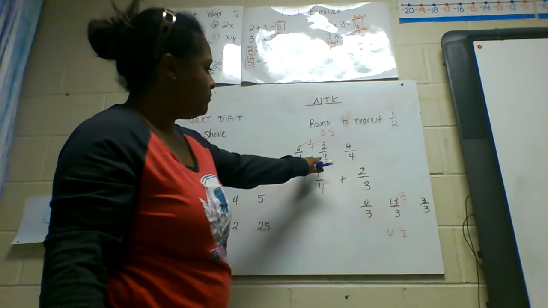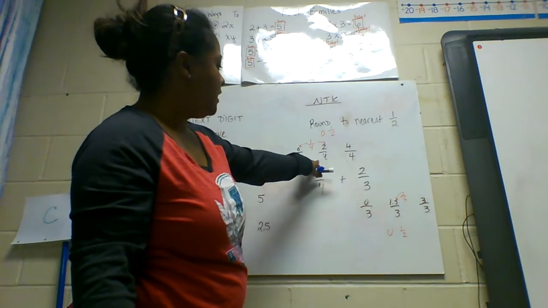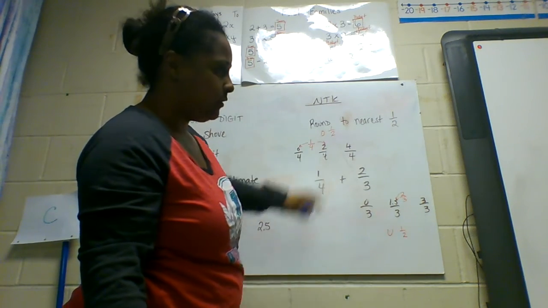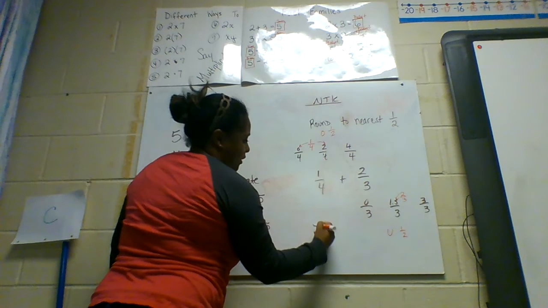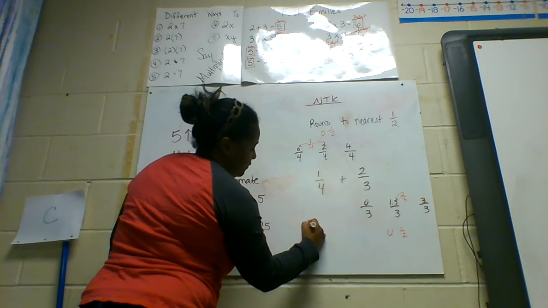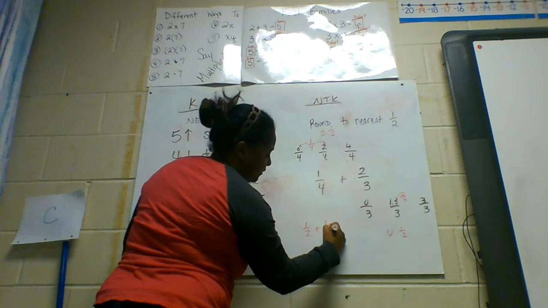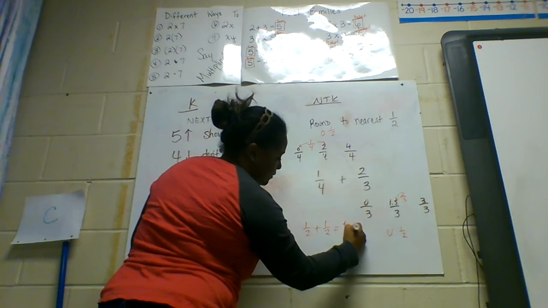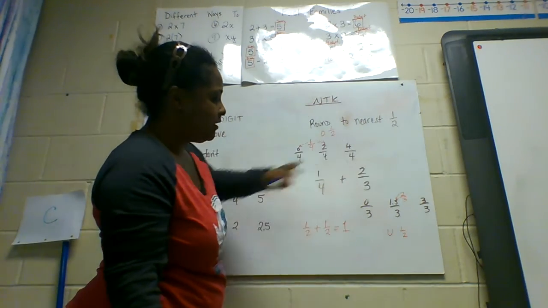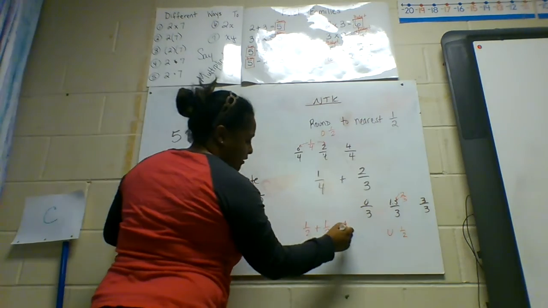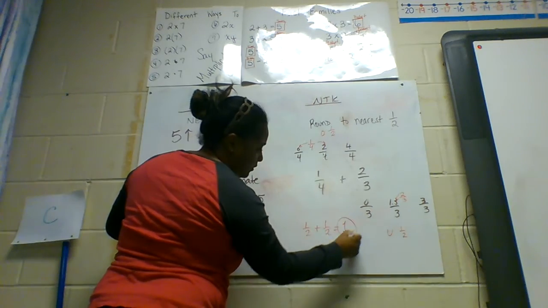Although 1/4, admittedly, is exactly between 0 and 2. Okay. So my overall estimate in my mind will be 1 half plus 1 half, which is 1 whole. So my round to the nearest 1 half, or my estimate to the nearest 1 half, answer would be 1.